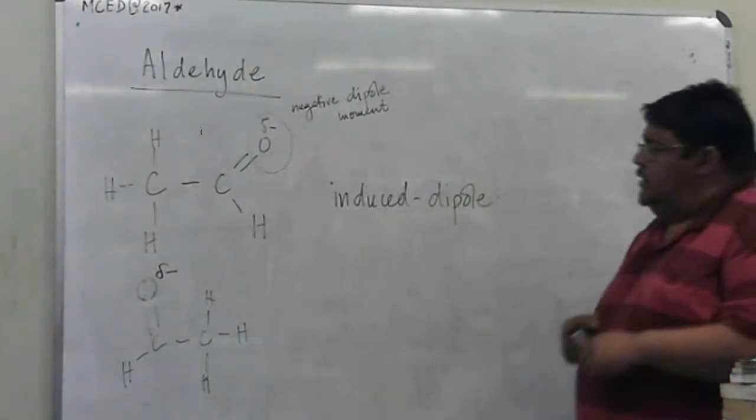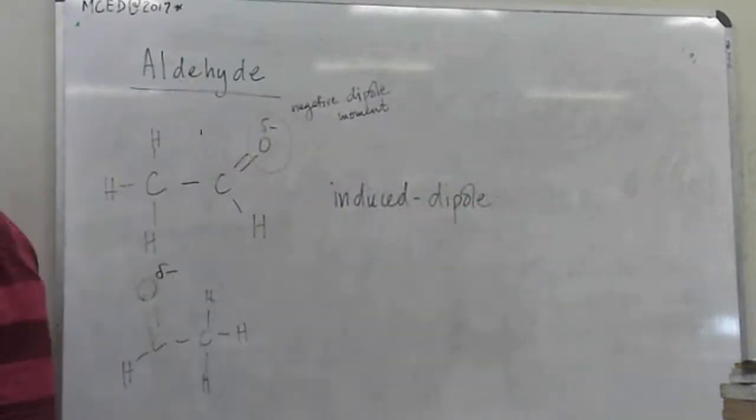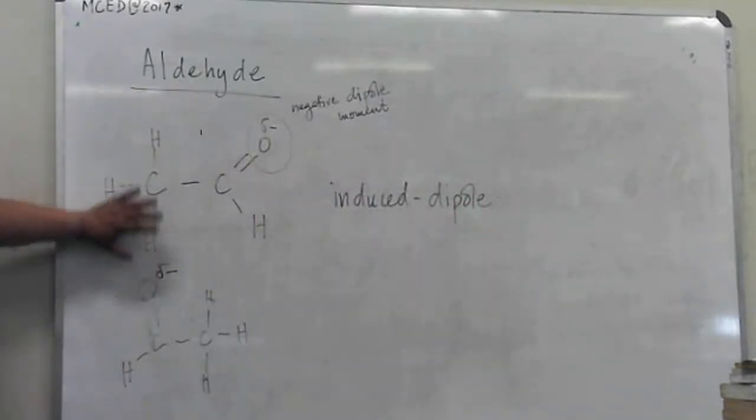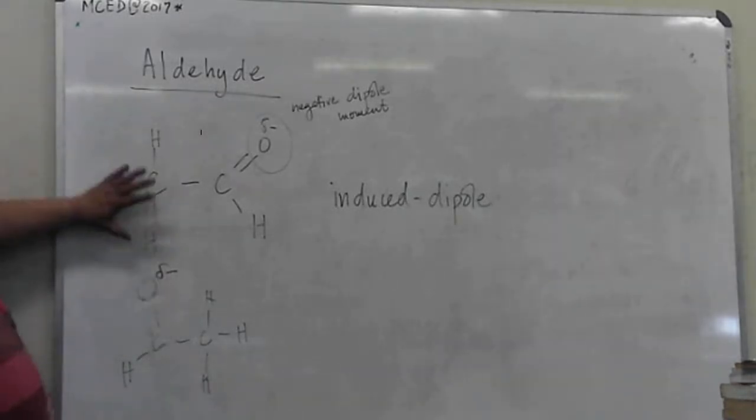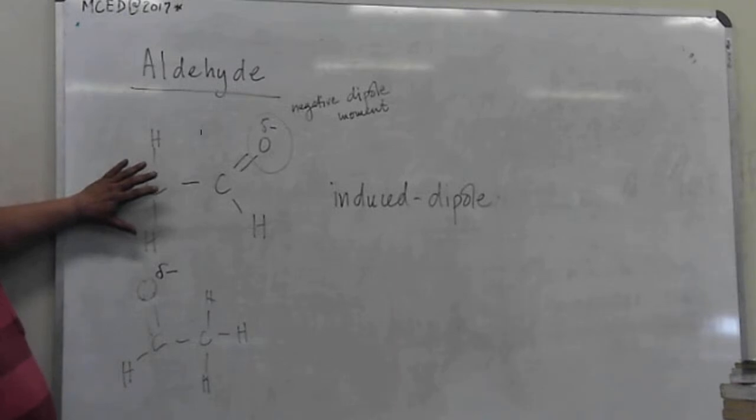So what we are saying is that it can induce a dipole. In other words, it can polarize a non-polar end of a molecule. So it can induce a dipole in a non-polar end of a molecule.